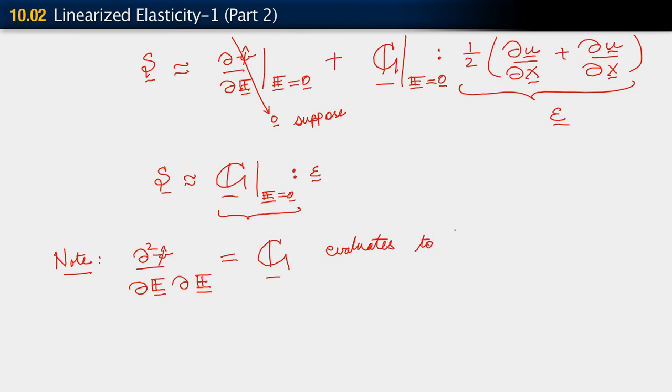For all of them, when we do take them in the limit E equals 0, all nonlinear elasticity models, when you look at their material elastic tangent, they always evaluate to the same quantity, which is this one.